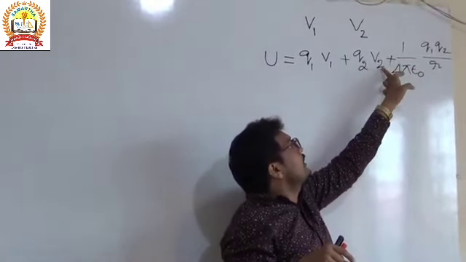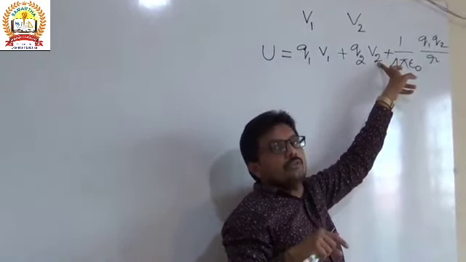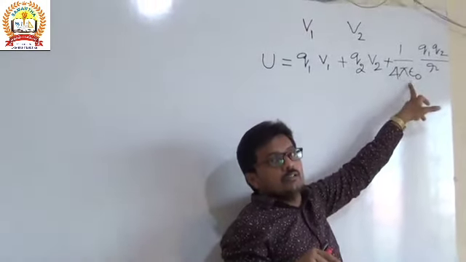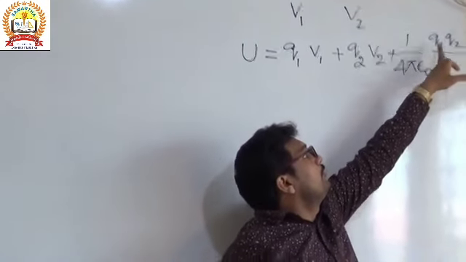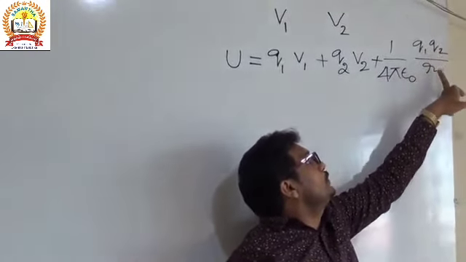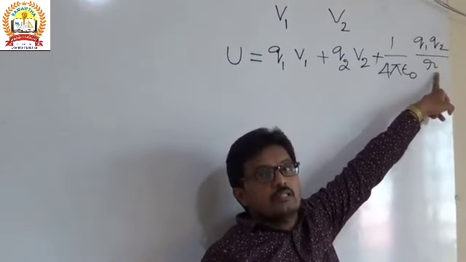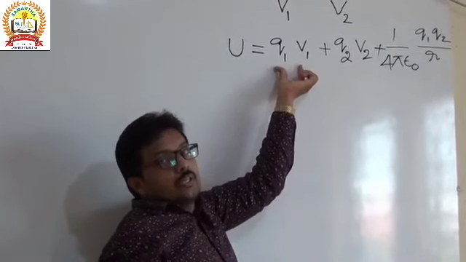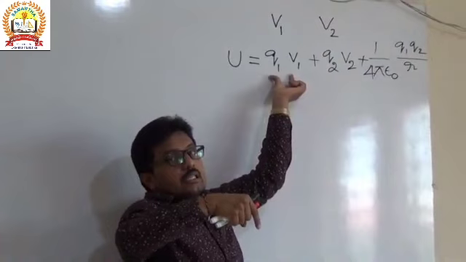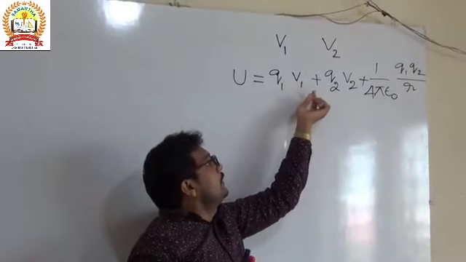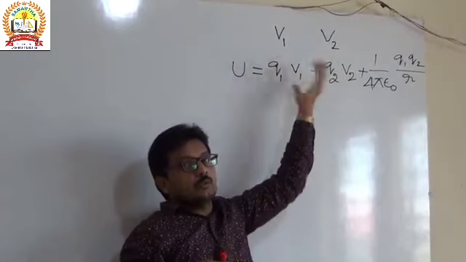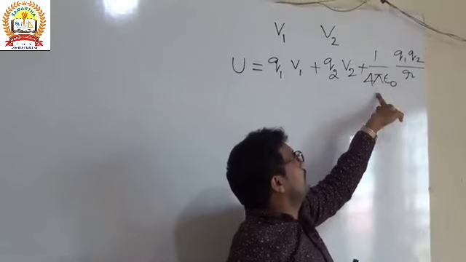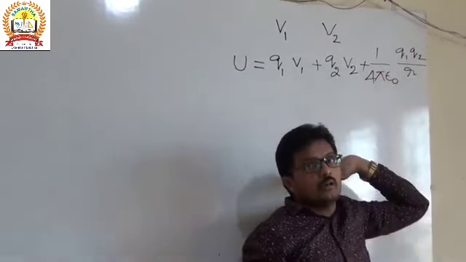Here V2 is the potential produced by the external electric field, and the last term is the work done between two charges Q1, Q2 separated by a distance R. So the work done to bring the charge Q1 into the external field is Q1 V1, and the total work done is Q1 V1 plus Q2 V2 plus 1 upon 4 pi epsilon naught Q1 Q2 upon R.